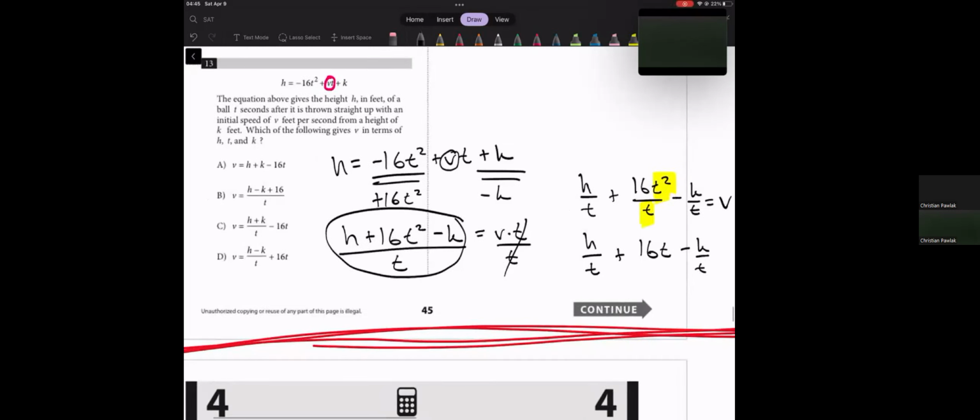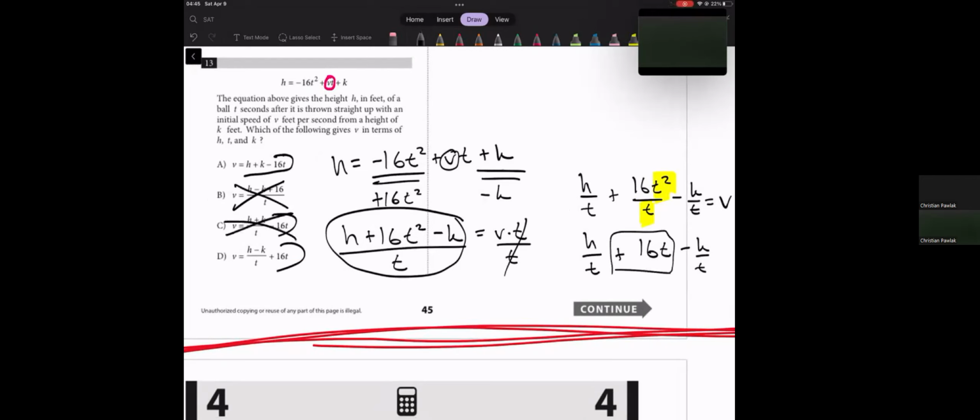So this has a 16t, this has a 16t, this has a 16t. It's not this one. The 16t is positive, so I know it can't be this one, and it can't be this one. Oh, okay, it's got to be that one. And let's double check. h over t minus k over t is the same thing as h minus k over t, plus 16t.